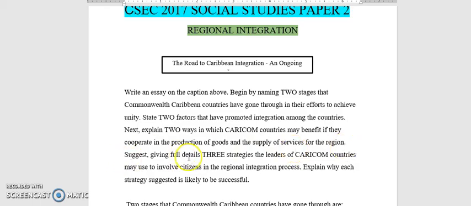Suggest, giving full details, 3 strategies the leaders of CARICOM countries may use to involve citizens in the regional integration process. Explain why each strategy suggested is likely to be successful.